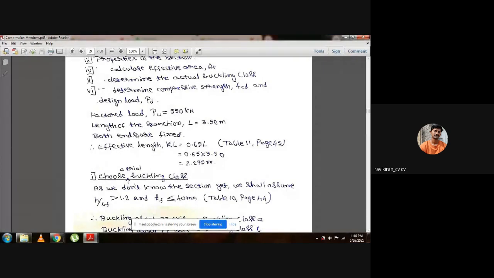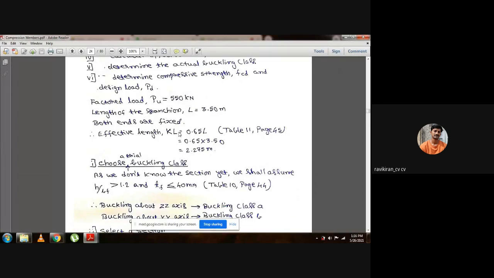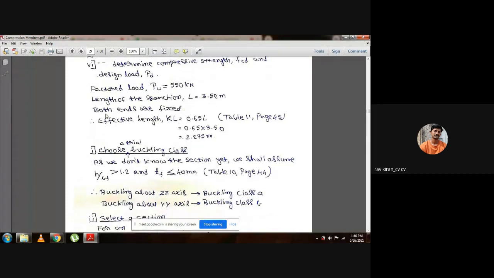Okay, so for the first step we should consider what is the data provided, that is the factored load PU is 550 kilonewton and the length of the column is 3.5 meter. This is not the effective length, this is the actual length, and the end condition is provided, that is both ends are fixed.